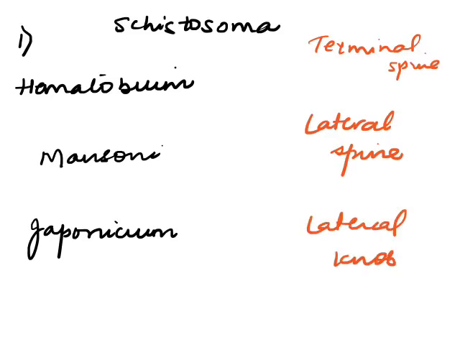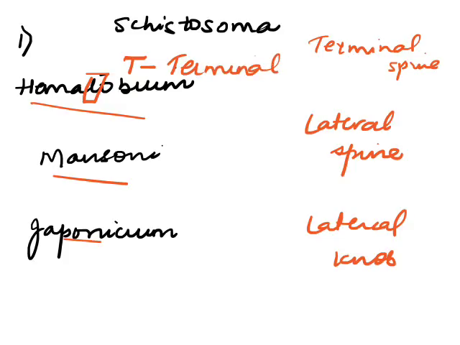So how do we know which has the terminal spine or lateral knob? Remember that if you see the spellings of haematobium, Mansoni and Japonicum, it is only haematobium which has a T in its spelling. So easy way, haematobium T has terminal spine.